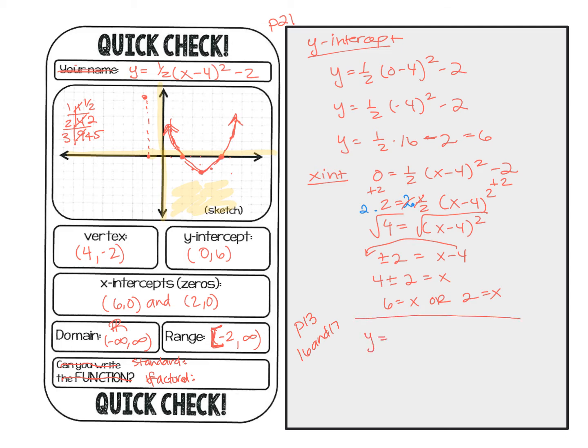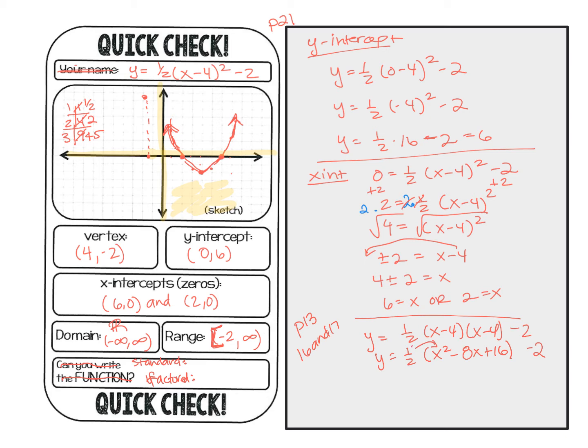So to change this into standard form, I would write my x minus 4 twice, so I remember to multiply it times itself. That's what it means to be x minus 4 squared. So I get y equals 1/2 x squared minus 8x plus 16. Now by PEMDAS, you have to do multiplication before you can do the subtraction of 2.